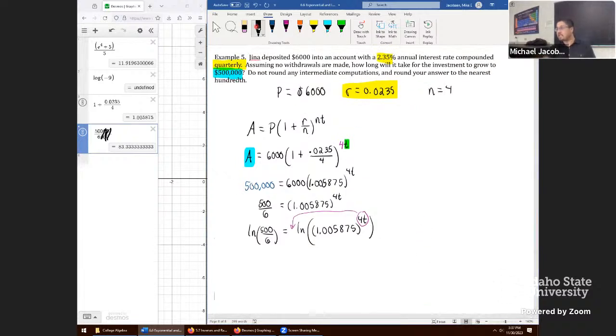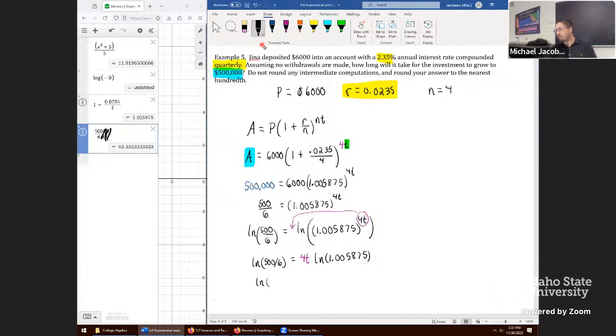Okay, let me write in that next key step. We have the natural log of 500/6 equals now a 4t in this step. That's an important step, so I guess it deserves that color. Times the natural log of 1.005875. And because we're solving for t, we're just going to divide by the 4 times that natural logarithm into the left-hand side right here.